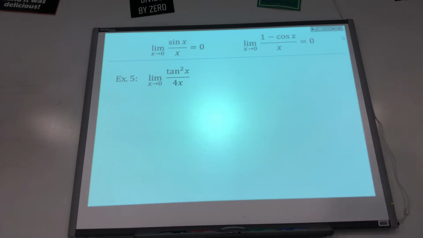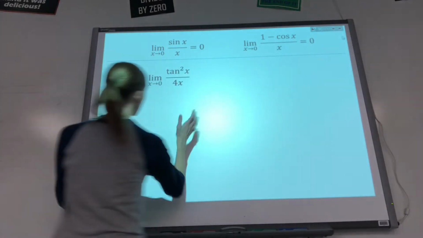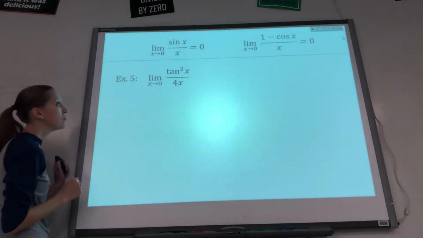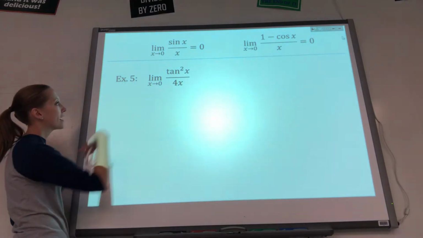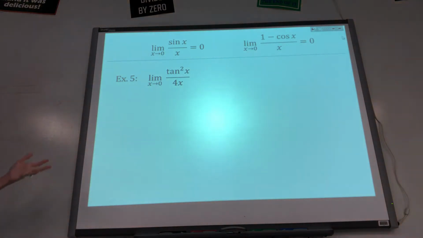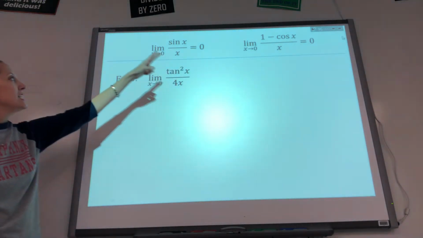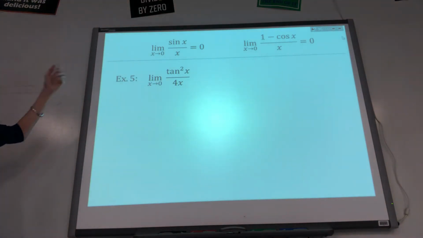All right. Now, I'll be honest, of all the problems today, this one maybe takes the most work. First of all, you can't do direct substitution. It's not going to give you back anything good. So then I try to compare it to one of those. It's not matching up to either one of those limits.